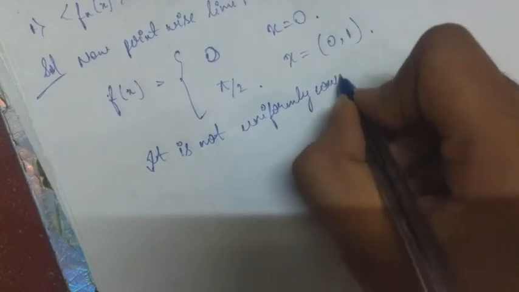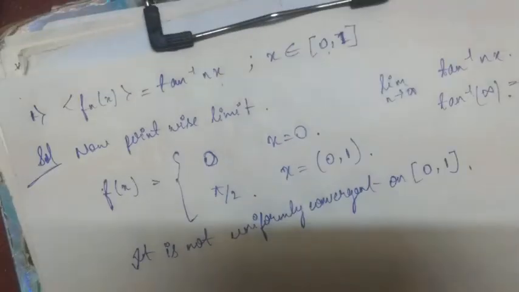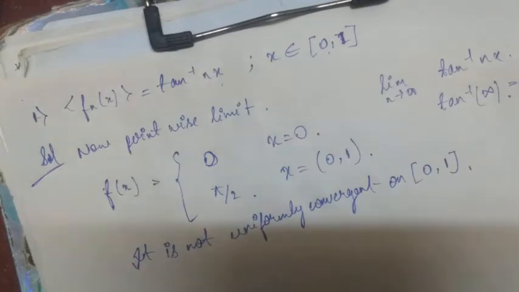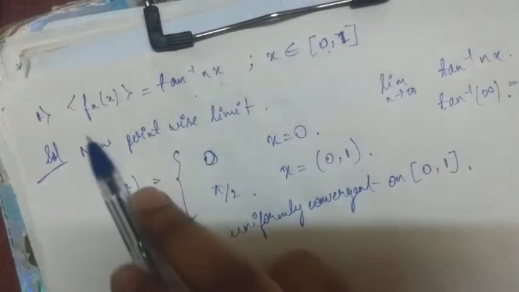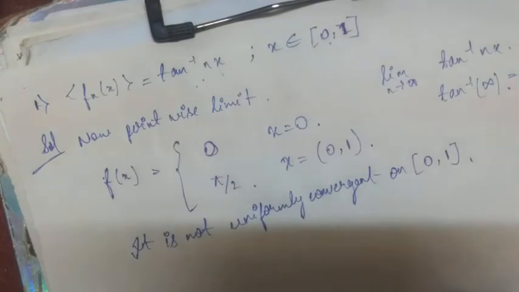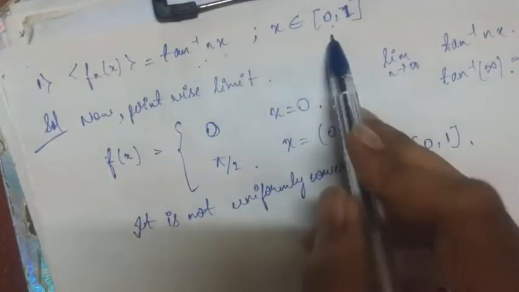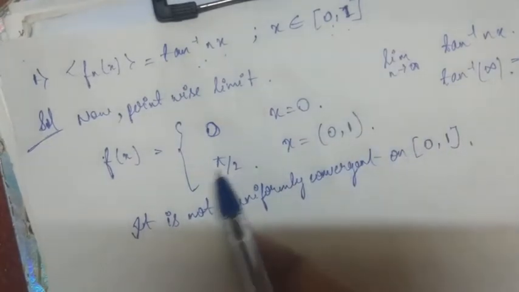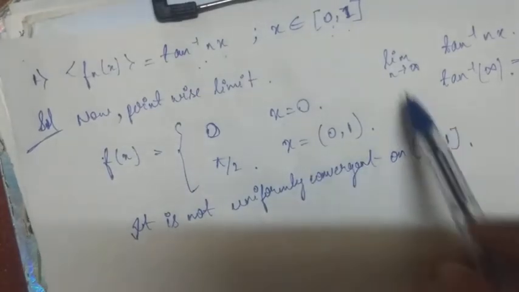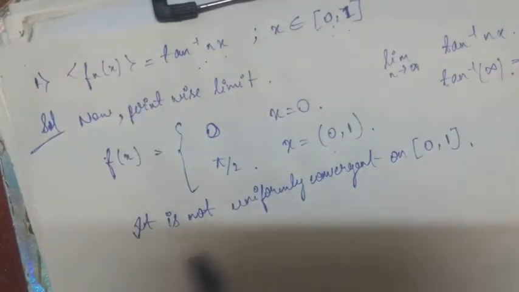To be precise, on the interval [0, 1], we have to prove that the given f_n(x), tan inverse(nx), is not uniformly convergent. By taking the pointwise limit on the closed interval [0, 1], when x = 0 it's 0, but when we apply the limit for other x, we get pi by 2. Hence it is not uniformly convergent.